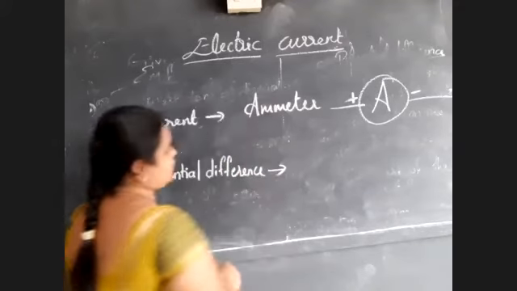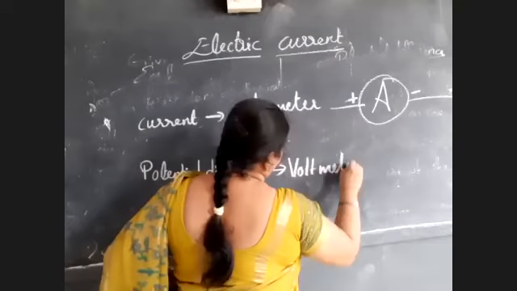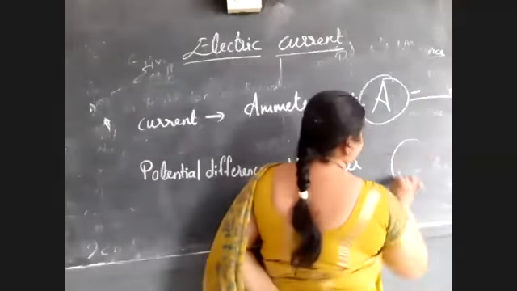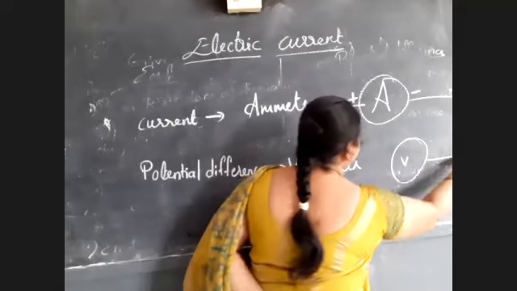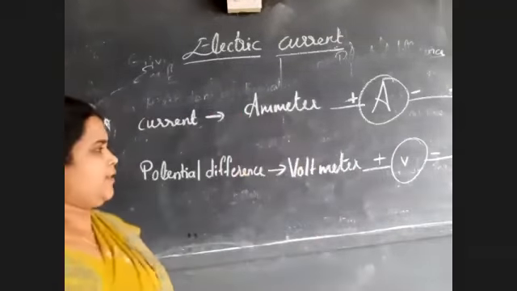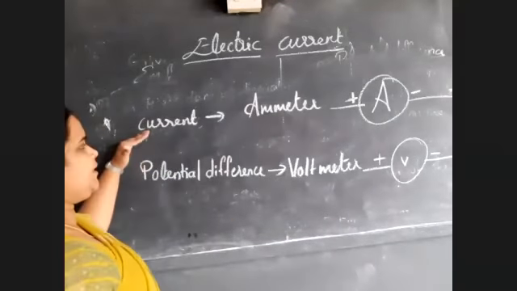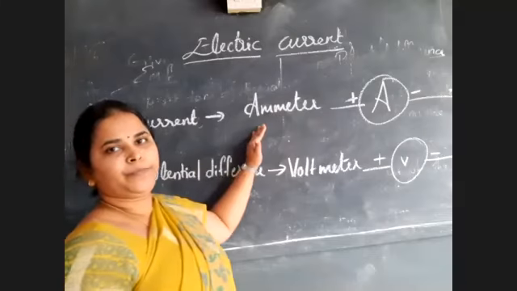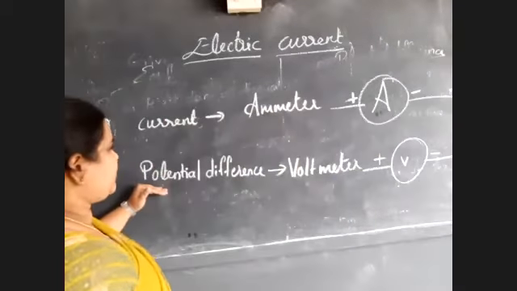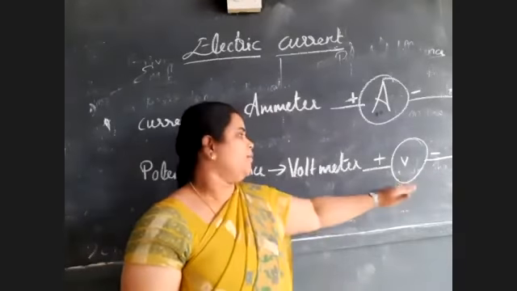It is measured with voltmeter, and the symbol of voltmeter is this. Current is measured using ammeter, and potential difference is measured using voltmeter.